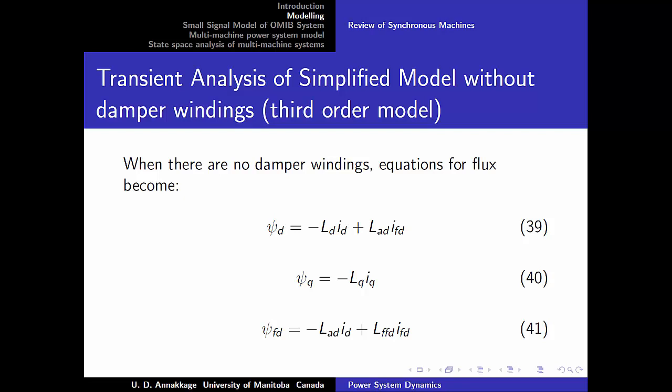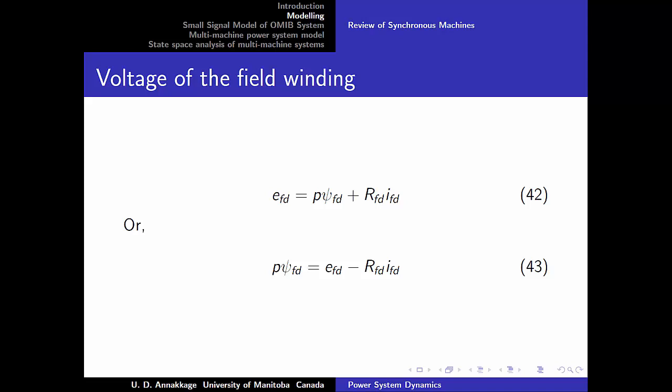Then the equations for fluxes in the three remaining windings simplify to these equations. Now from the equation for the voltage of the field winding, we can get equations 42 and 43 for the rate of change of phi FD, or the rate of change of flux in the field winding.